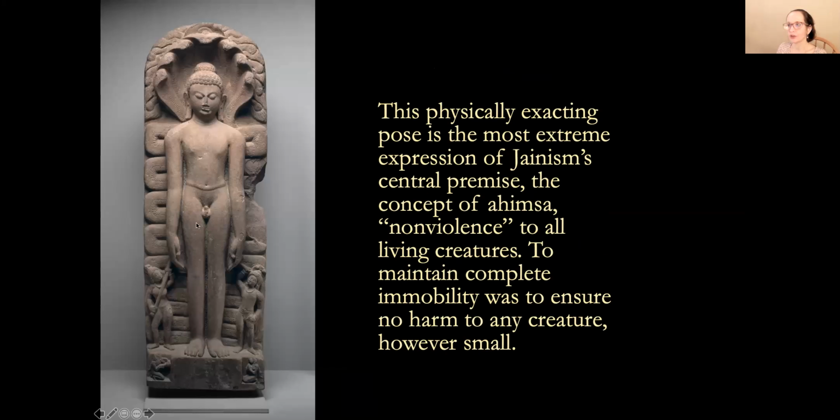And the second, a unique Jain sculpture, is the figure standing in absolute stillness and absolute harmlessness to reflect the aspect of Jainism that is so central to the belief, which is the concept of ahimsa, which you should know, which is nonviolence to all living creatures as a way to purify one's karma to lead to a path of liberation from samsara.